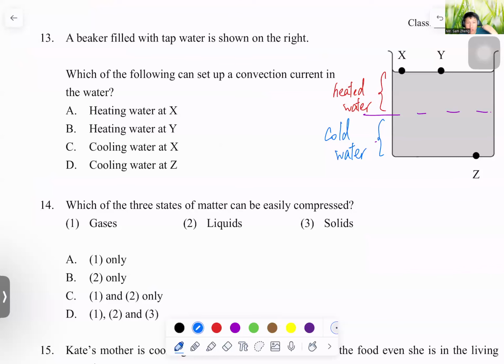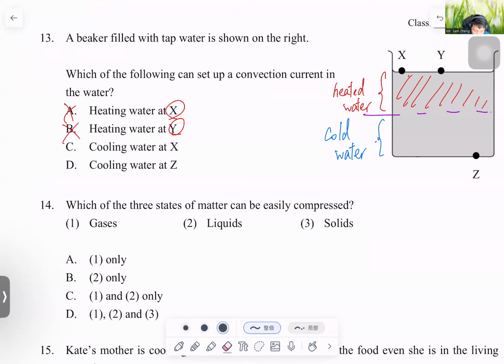If we heat up the water at points X and Y, the hot water will remain on top, so there would not be any convection current inside the water. Therefore, it would not be the answer for A and B. How about cold water?